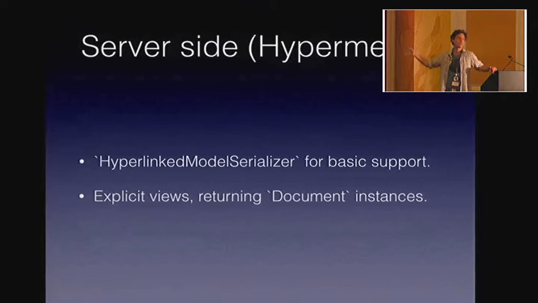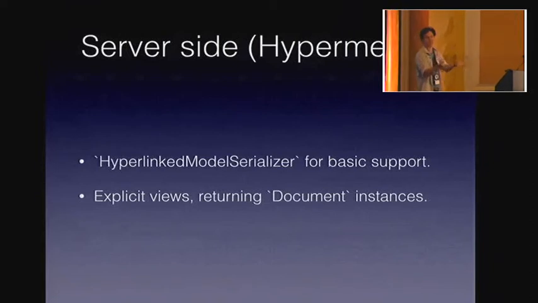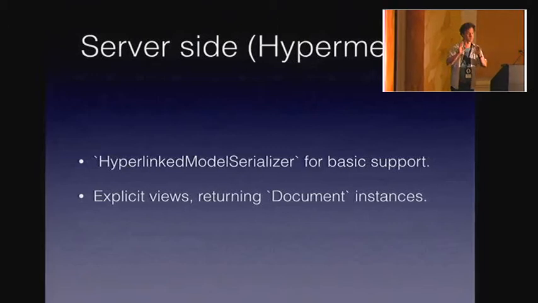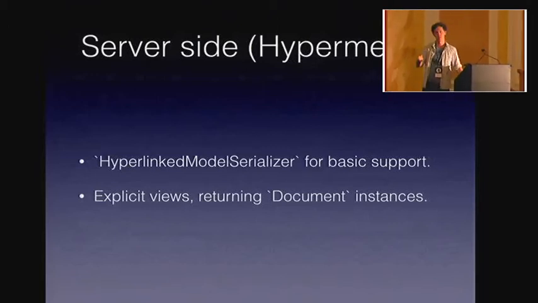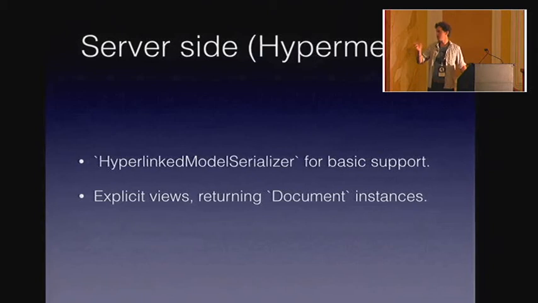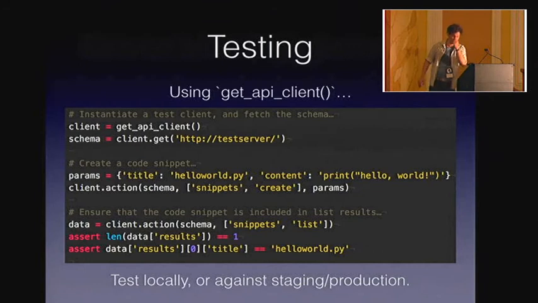And the second is if you're taking this application-centric approach, you're going to have to write your views explicitly because you're not in this CRUD, create, read, update, delete, data store-ish approach. Instead, everything is going to have to be done by hand. So you'll return document instances and the server will perform content negotiation to determine what format to return those to the client in.